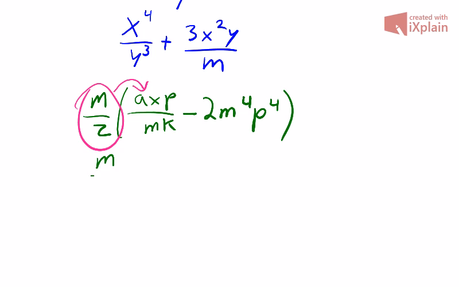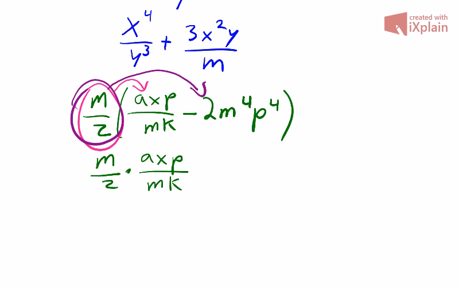That gives us m over z times axp over mk. That's a mouthful. And then we're going to do it again, and we're going to take this term right here and distribute it over to our second term. So what that is going to give us is m over z times 2 m to the fourth p to the fourth, and we have a negative sign here. That's going to carry down right to there.